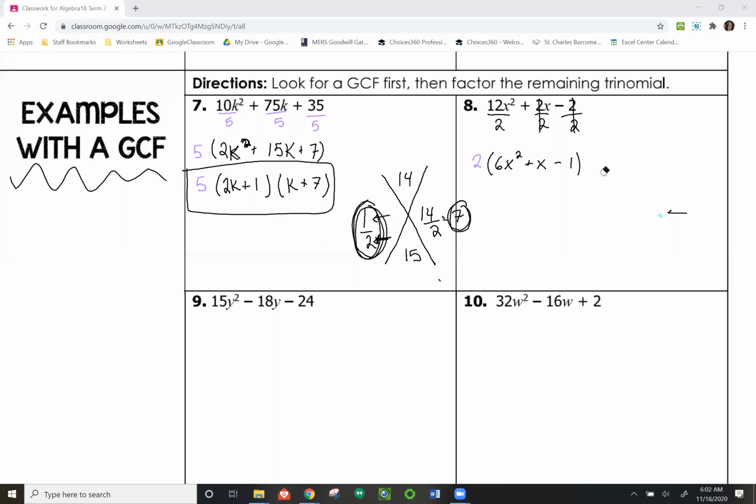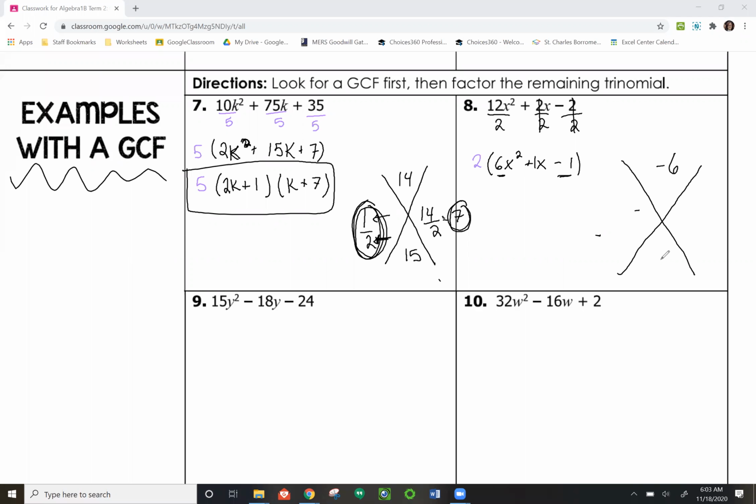All right, so now my remaining quadratic, I'm going to factor that as well. Since my leading coefficient is not a 1, it's a 6, I'm going to have to use the magic x method. So I'm going to multiply 6 times -1, which gives me -6. And then what is my coefficient in front of that x term? I don't see a number, so that means I only have one of those.